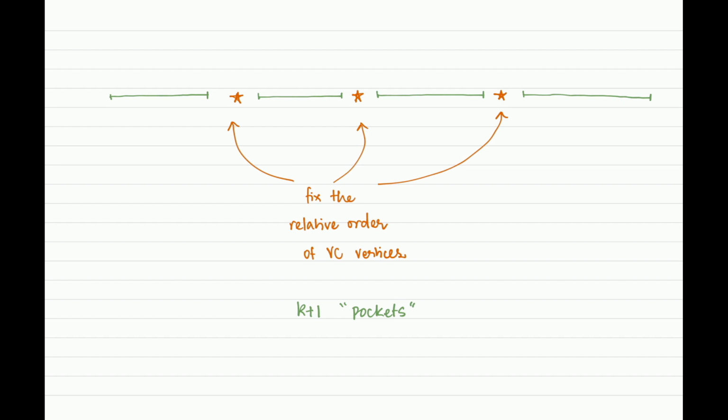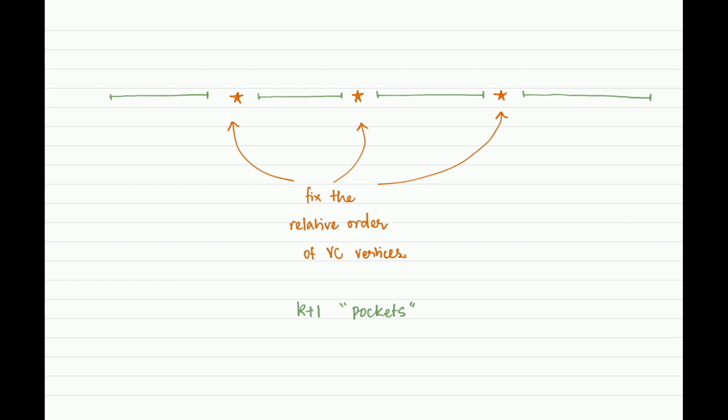You have the zone that comes before the very first vertex cover vertex, then the locations between the first and the second vertex cover vertex, between the second and the third, and so on, all the way up to the very end, where we have the zone given by all locations that come after the last vertex in the vertex cover.